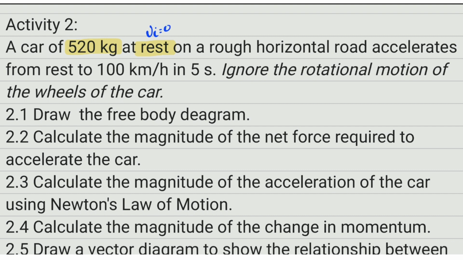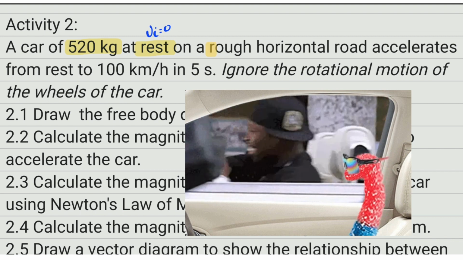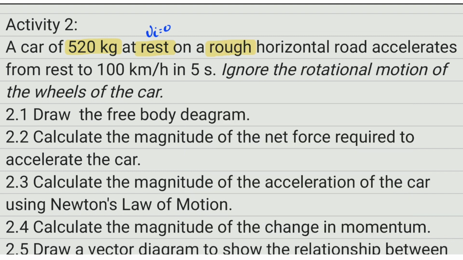On a rough horizontal road, the rough surface means that there is frictional force. The car accelerates from rest, initial velocity 0, to 100 kilometers per hour, and this is the final velocity of the car.